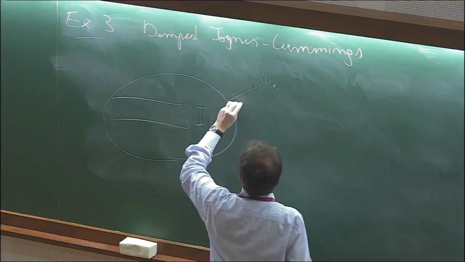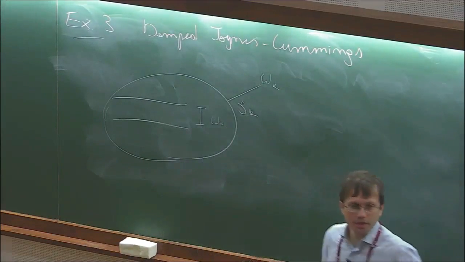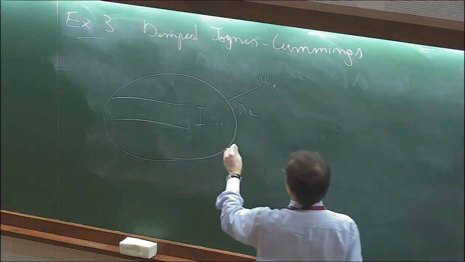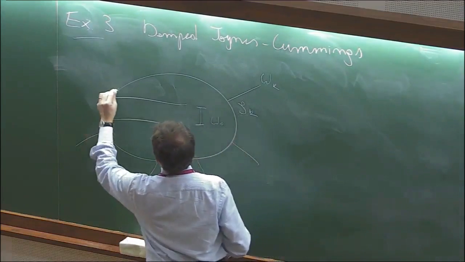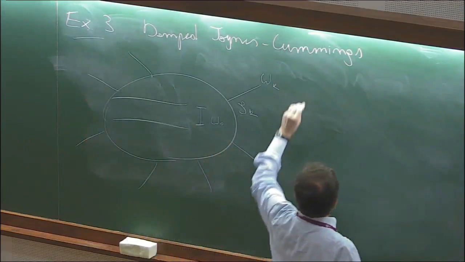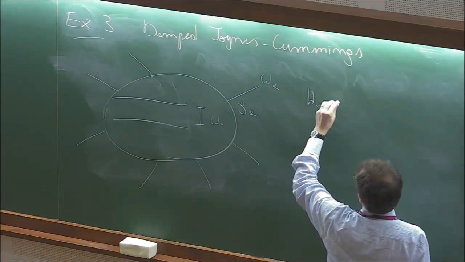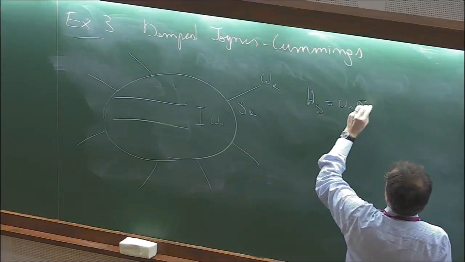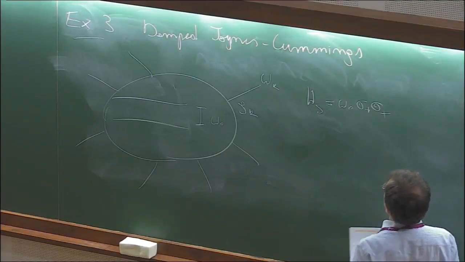The coupling strength we still denote with g_k, but this is no more a wiggly line, it's a straight line which denotes the coupling, so that the system Hamiltonian can be written as omega 0 sigma plus sigma minus.